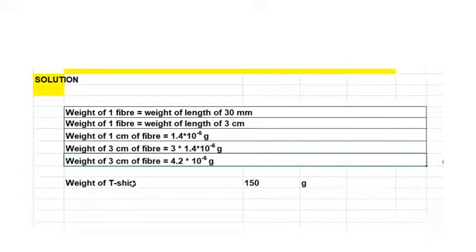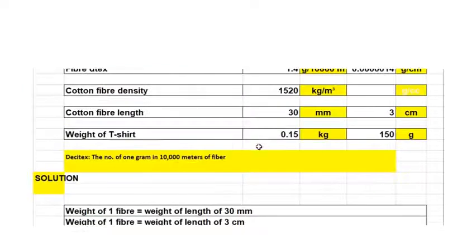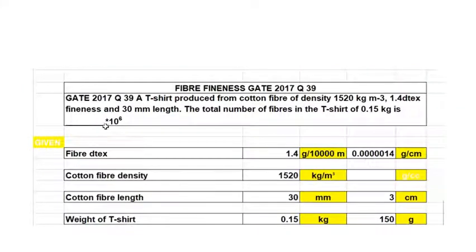The weight of the t-shirt given is 150 grams. Weight of t-shirt divided by weight of one fiber gives the number of fibers in the t-shirt, which is 150 divided by 4.2 into 10 power minus 6. But in the question it is asked in multiples of 10 power 6.